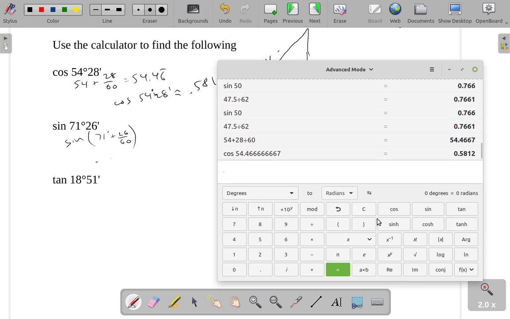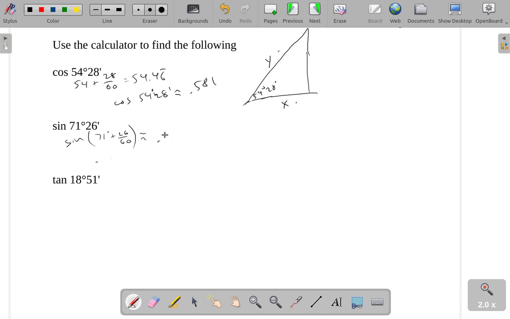I can just say sine of parentheses 71 plus 26 over 60. I don't really need to see what that angle is in just its decimal form. All right, so this one says 0.948.